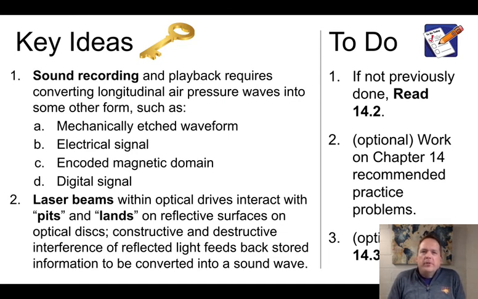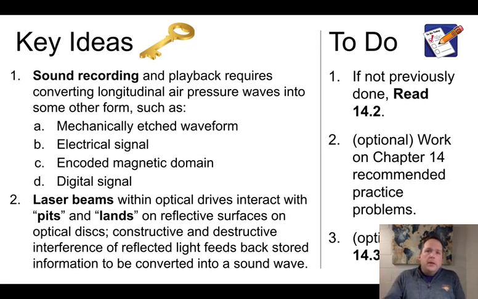We talked a little bit about sound recording and playback, which went through different eras in our history. First were devices that worked on mechanically moving styluses and recording that information in some sort of soft medium, then tracing back through it with a similar stylus to produce a sound wave on the other end. But when we had the ability to capture an electrical signal, things moved forward with the development of microphones and speakers and the ability to turn a sound wave into a wave of oscillating voltages.